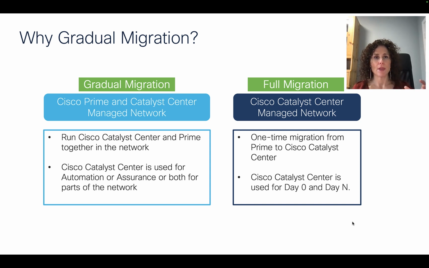So again, the gradual migration really is different in different environments. That will depend on your own design, your technical requirements, and operational model. But in this video, we are going to show an example on how to use the Prime Data Migration tool if you want to go through a migration in this gradual approach.